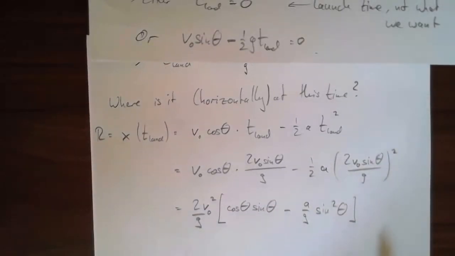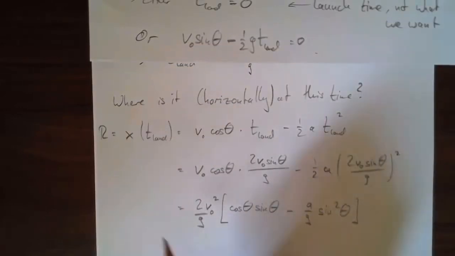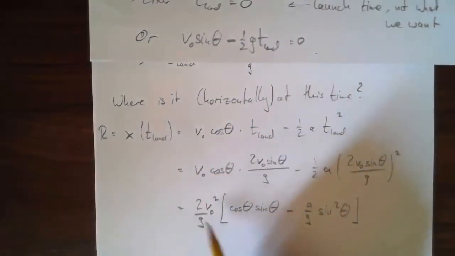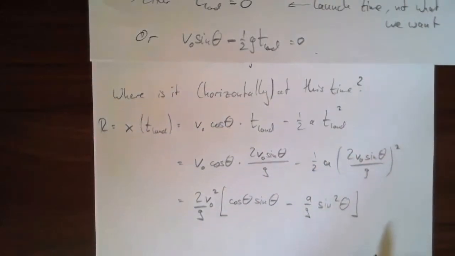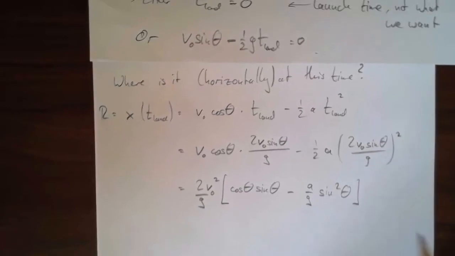Are we done? No. We were not asked to find the range. If we'd been asked to find the range, well, here we are, we found the range. But we are asked to find the maximum angle. So to find the maximum, this is my function r of theta. I want to find the maximum. How do I find the maximum of a function?